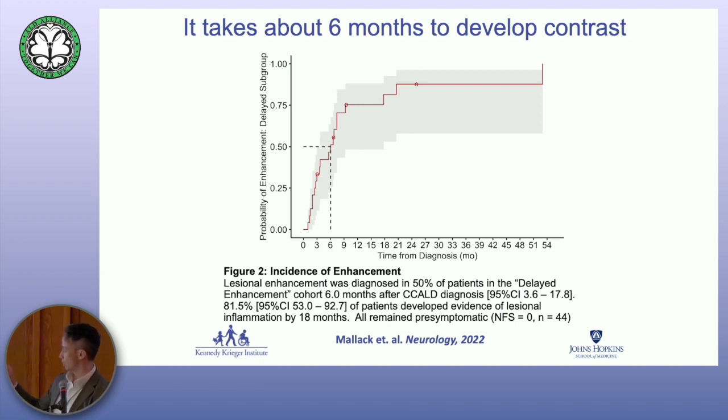But what's important is if you're going to build a clinical trial and you want to see if your drug's effective, in the natural history, 82% of patients developed lesional inflammation by 18 months. So if by 2 years out you give somebody a drug and only 50% of the patients converted, that's a deviation from natural history. Whereas if you give some intervention and all of them still convert by a year and a half, you have not deviated from natural history.